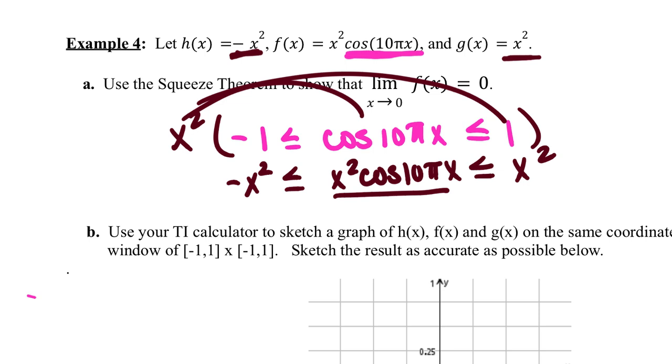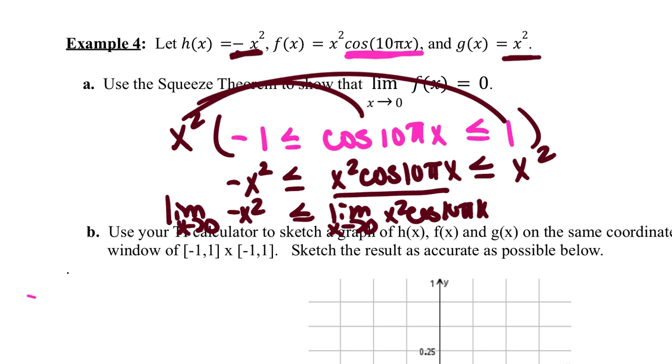So then I want to do the limit as x goes to 0 of negative x squared, which is less than or equal to the limit as x goes to 0 of x squared cosine 10 pi x. So all I'm doing is taking the limit of each one. Can I take the limit of the middle piece?